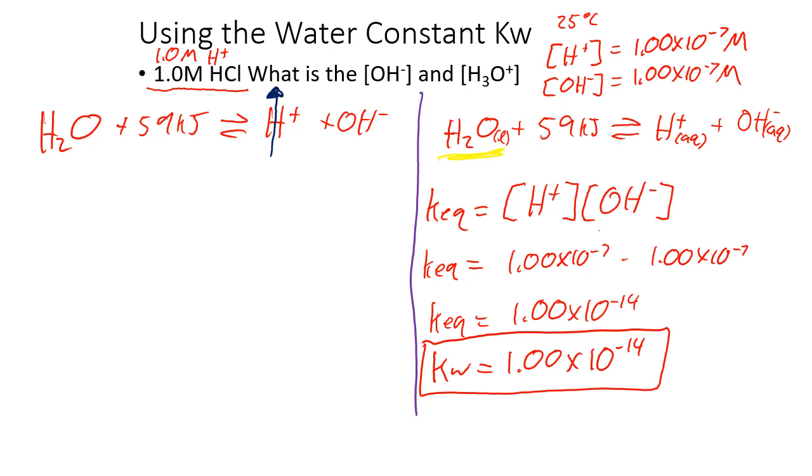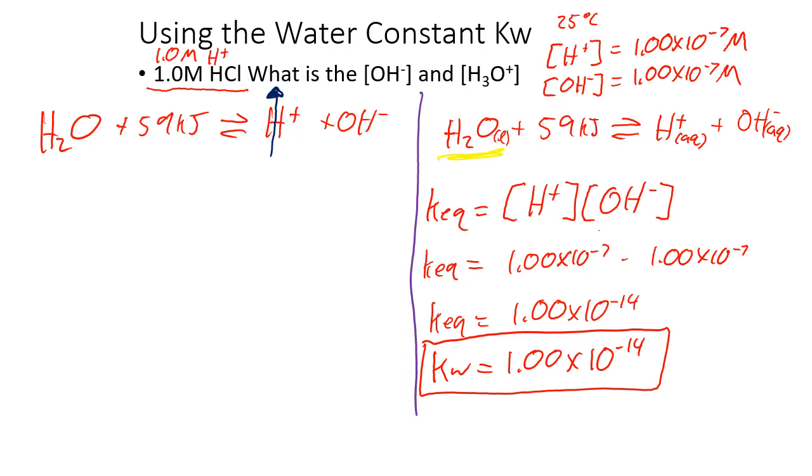If we were just to add it up, it would be 1 plus 1.00 times 10 to the negative 7, or in other words, it'd be 1.0000001, like that, okay? But the natural H plus that's in water is pretty insignificant compared to the acid that we're adding to it. So what we'd say is that the concentration of H plus is going to be 1.0 molar H plus in there, because it got all of its H pluses from the HCl.